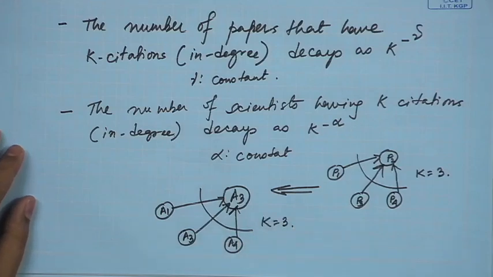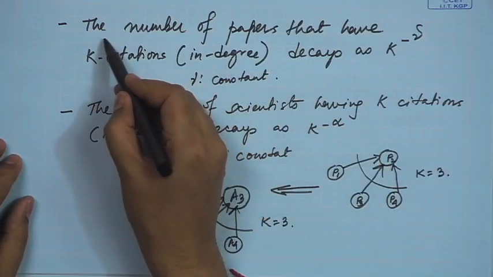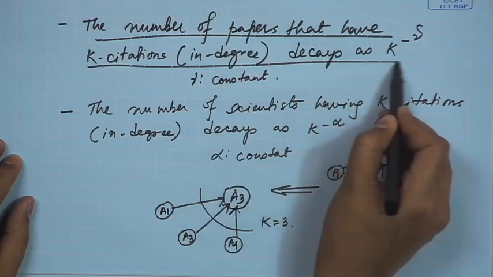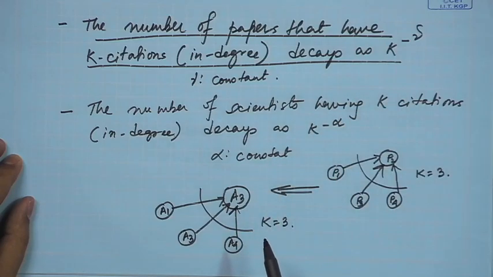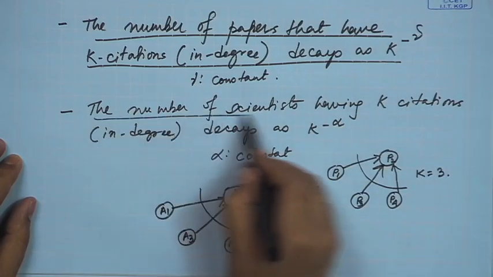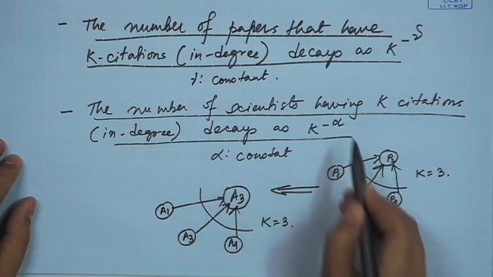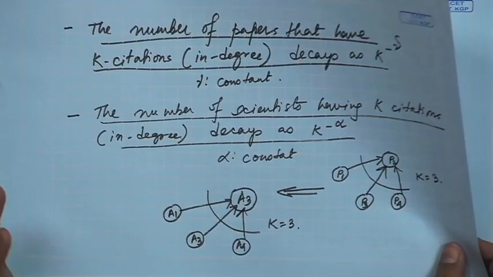Now, whenever I am talking of the number of papers that have k citations decaying as k to the power minus gamma, or the number of scientists having k citations decaying as k to the power minus alpha, what am I trying to express in the context of the two networks, the paper citation network and the author citation network? It is basically what we are trying to measure.